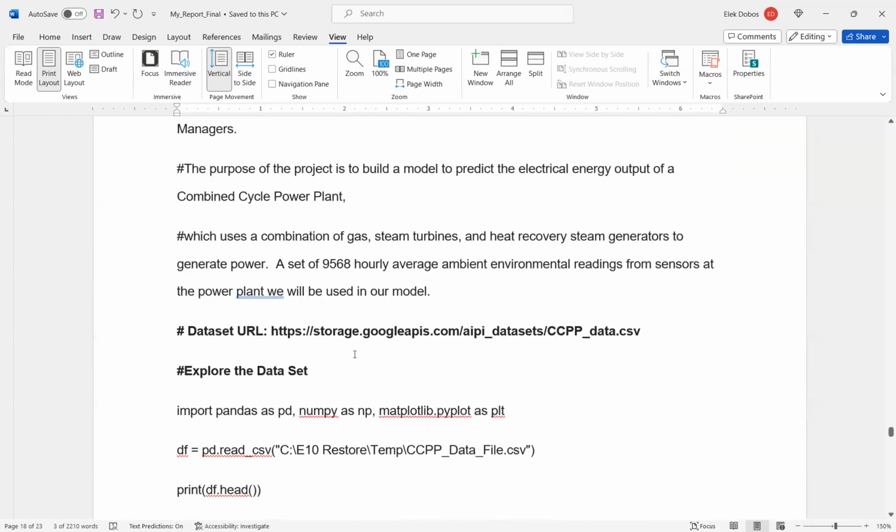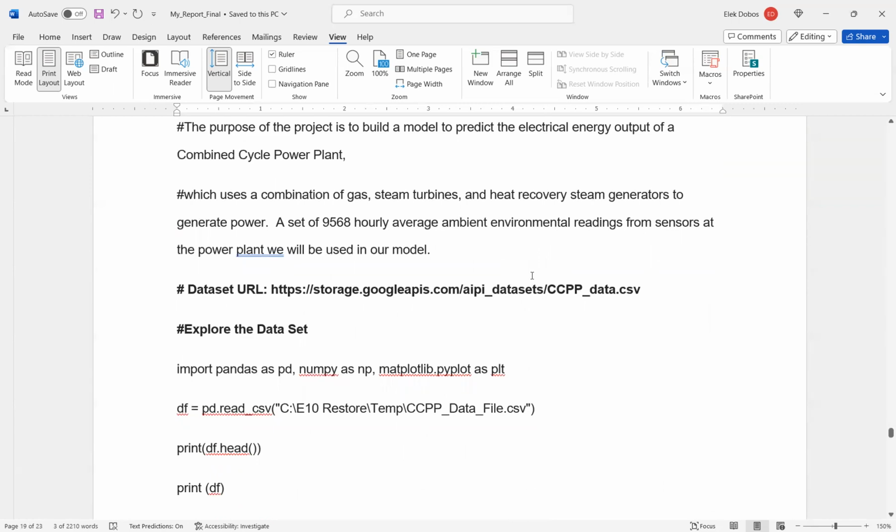And this was just my code. And this was our data set from our instructor.